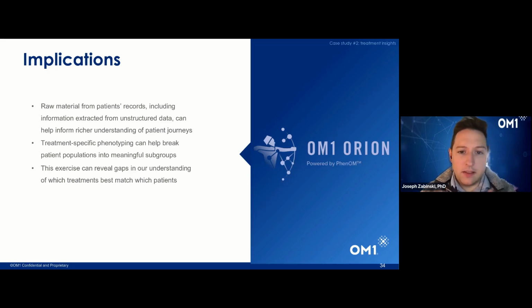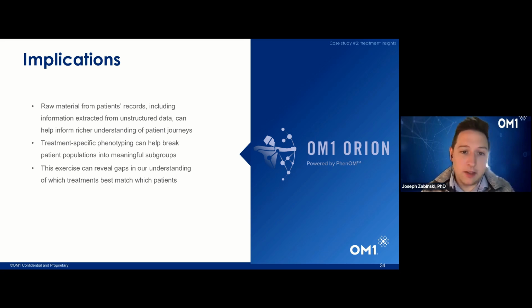And again, the thing to emphasize here is just that the raw material from patient records, including that information we can get from the unstructured clinical narratives, is so informative when we try to have richer understanding of patient journeys with respect to treatment. Orion is really well positioned, well designed, I think, to take advantage of that richness, and we can augment our understanding of what's going on with patients so much when we have access to that information, and then we can translate it to patients in poorer data environments as well.